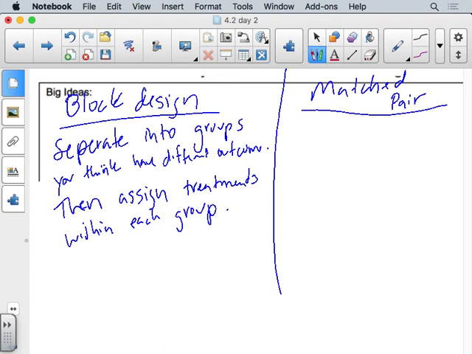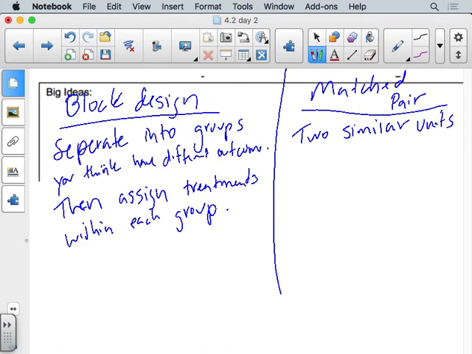And then matched pair would be two similar. I just don't want to always say people, because you can experiment on anything. So more like two similar units, like people are units.